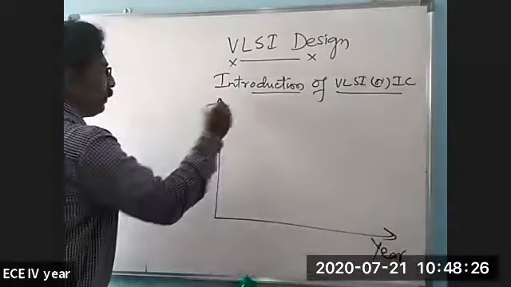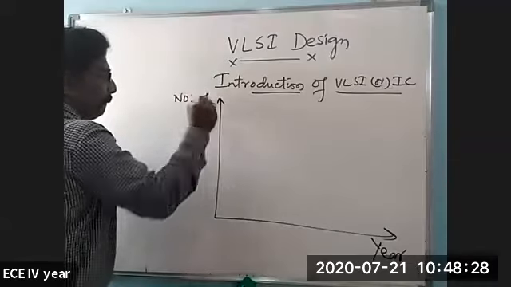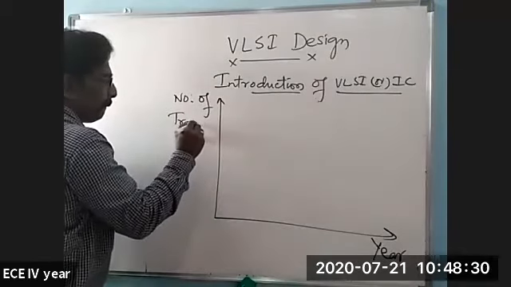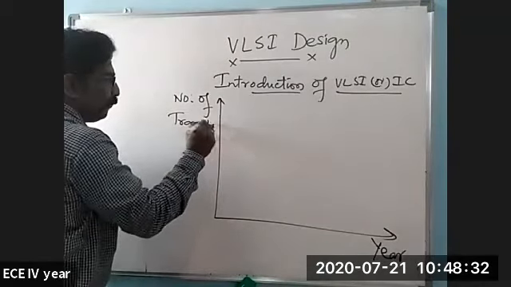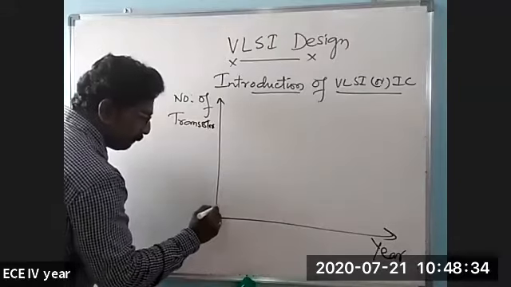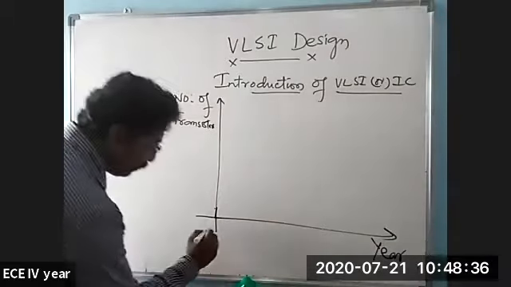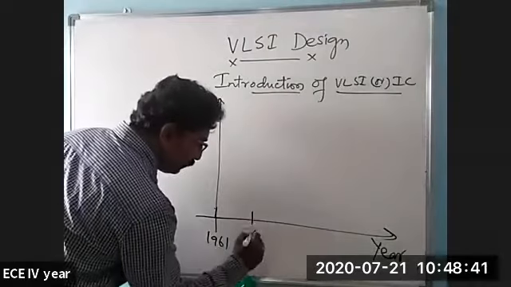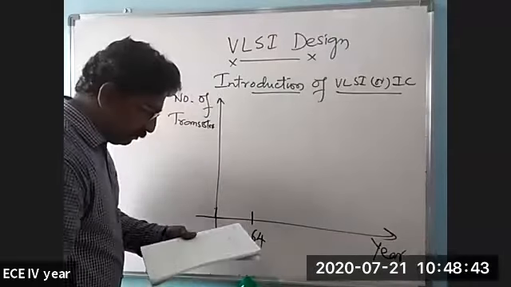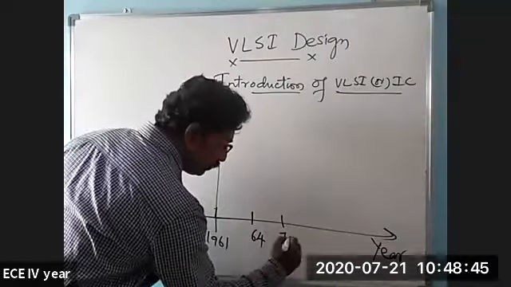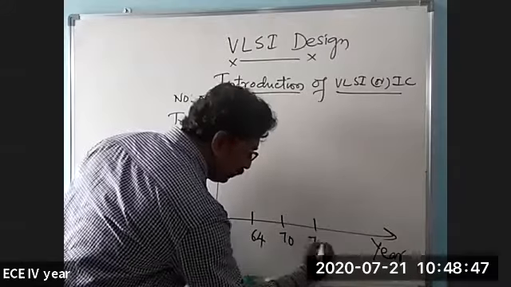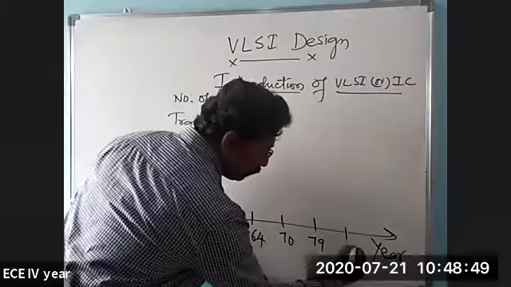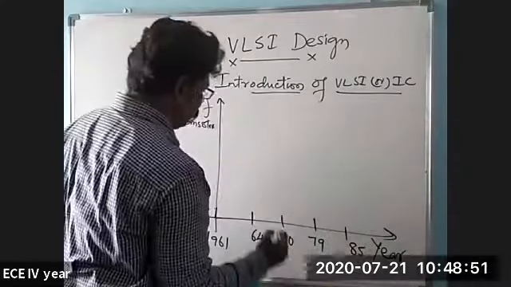Here, number of transistors. 1961 is the birth of integrated circuits, where it has come into picture. Then 1979, 85.